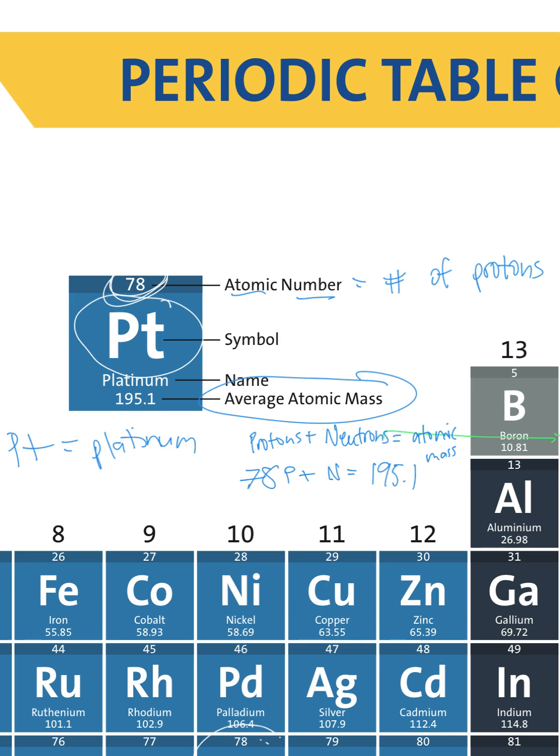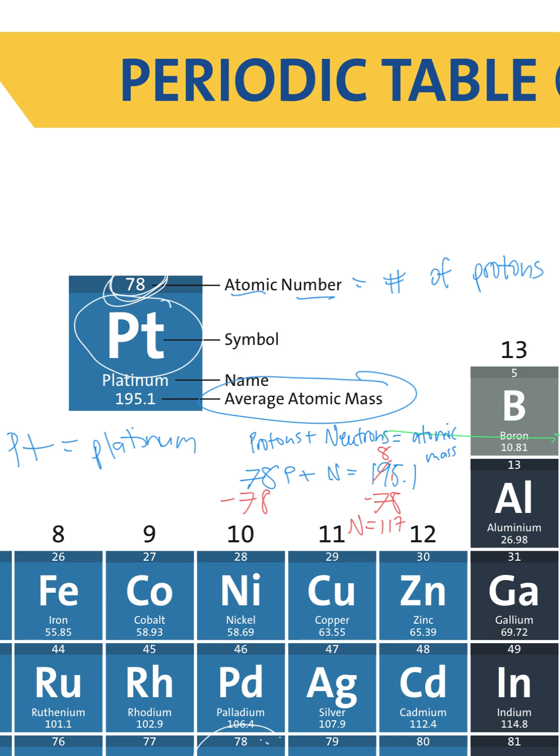So I can subtract then my 78, and that'll tell me how many neutrons there are. I'm trying to do that quick in my head, and I'm struggling with it, so I'm going to do this. Does that sound right? Yeah, I guess 117. You can check me on the math, but about 117 neutrons, okay?